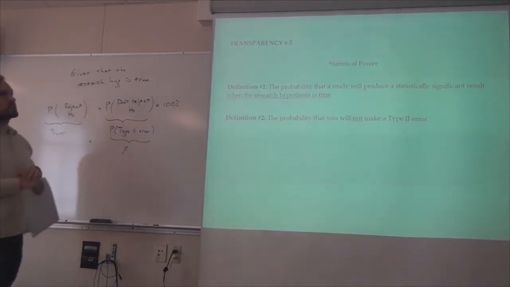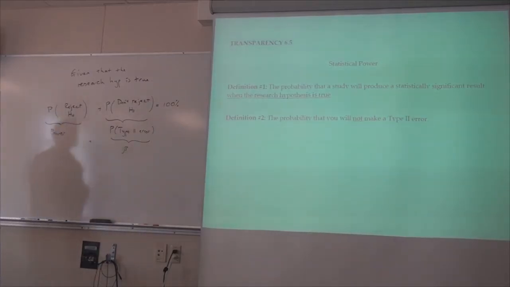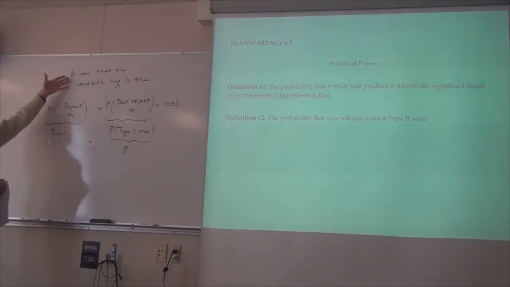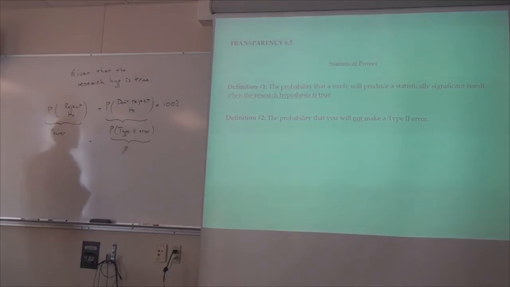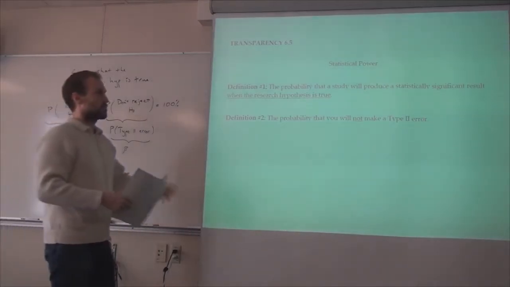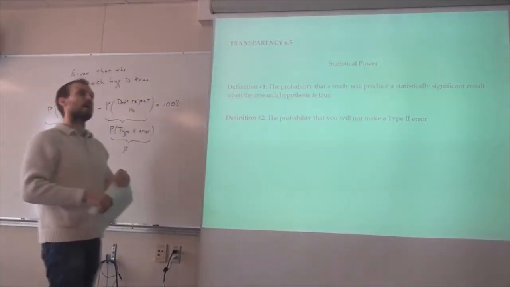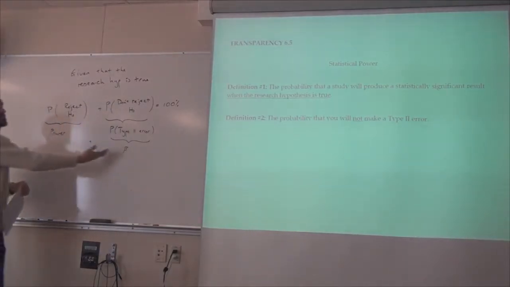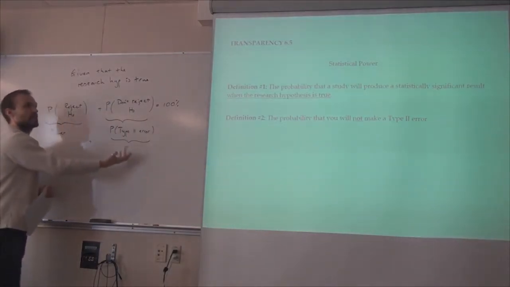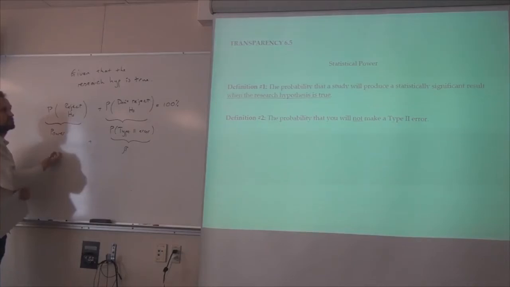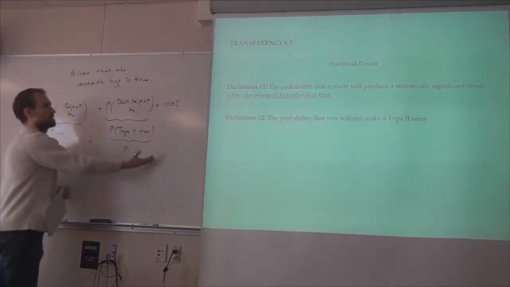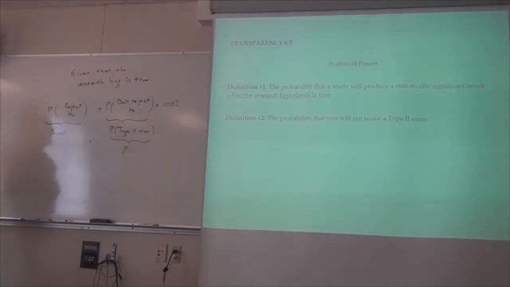It's the probability that the research hypothesis is true and I correctly reject the null hypothesis. Another way of saying it is the probability that you will not make a type 2 error. It's the other side of this. Either I make a type 2 error or I don't. Together they're 100%. The power is the probability that I don't make that kind of error.